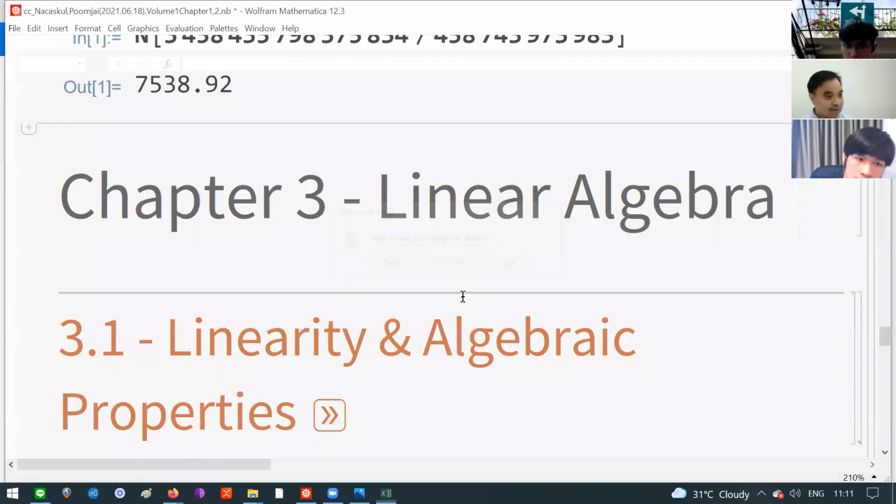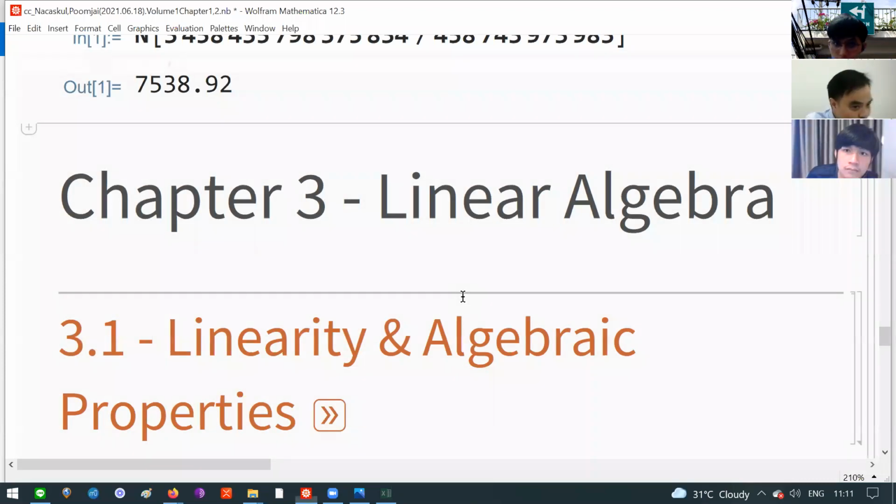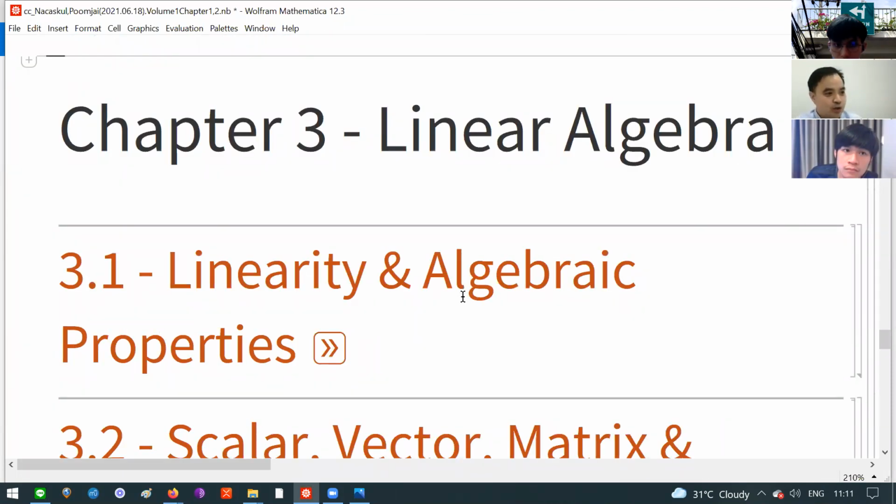Okay, so now we have the notion of vector. Let me introduce you to another notion of vector.